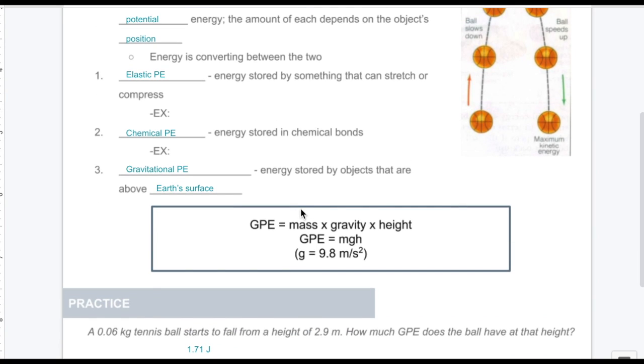We can calculate the gravitational potential energy for an object by taking the mass times gravity. Remember that gravity is 9.8 meters per second squared here on Earth, and then times the height of the object. So the greater the mass, the greater GPE it has, or the greater the height, the greater the gravitational potential energy is going to be.